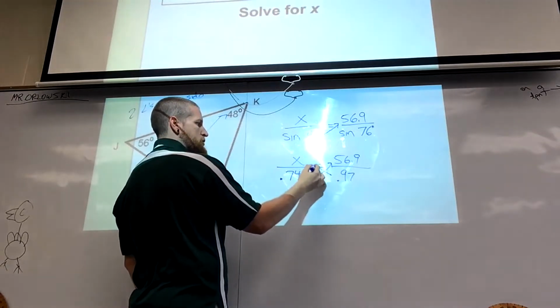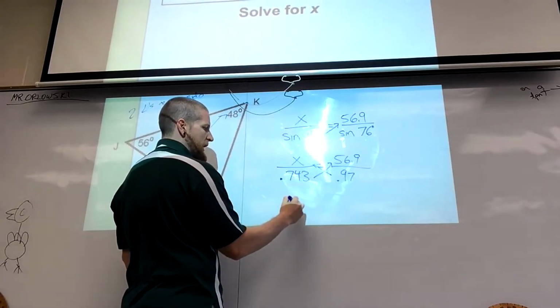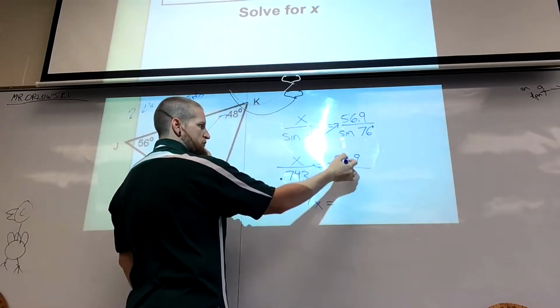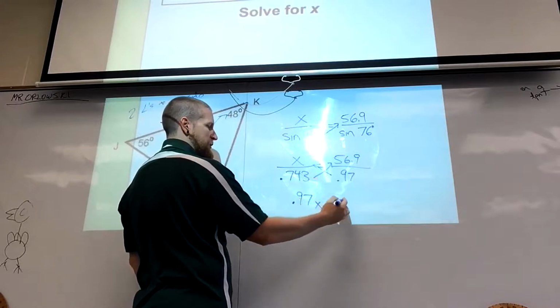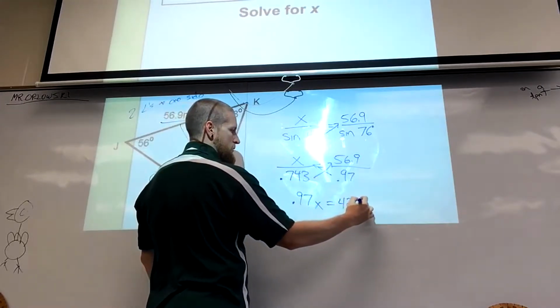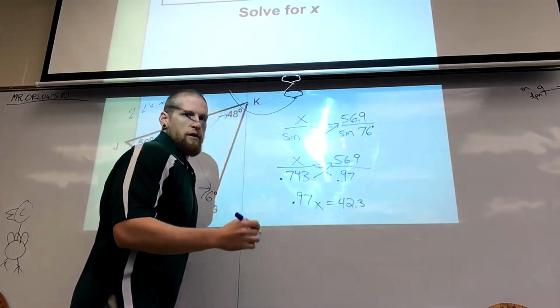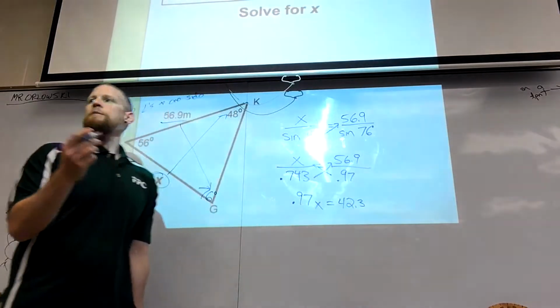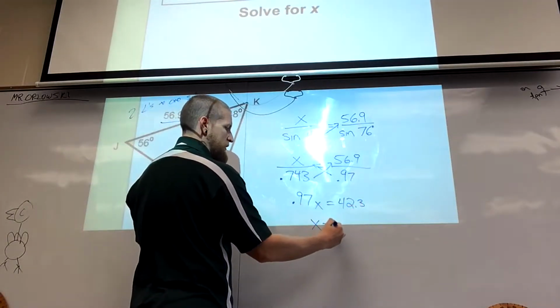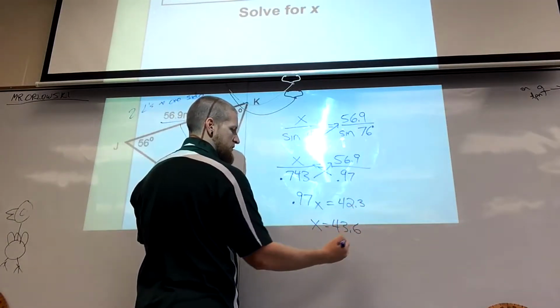So if I do a full cross multiply, this would be 0.97 times x equals 56.9 times that, which is 42.276. When you divide that back out, you should get about 43.6 or something like that.